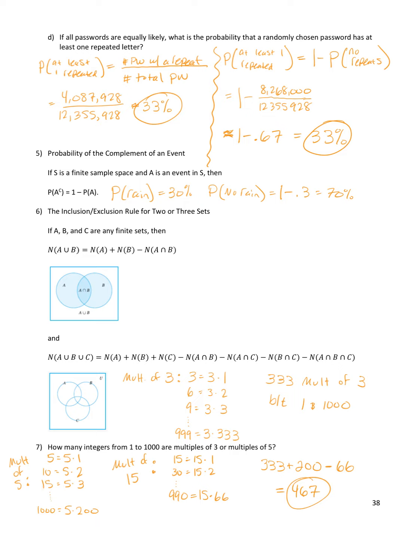Those are all multiples of 5, so I counted them again. They're also part of this 200. So there are some numbers that I counted once in the multiples of 3 and again in the multiples of 5. So I subtract them out so that they only get counted once.